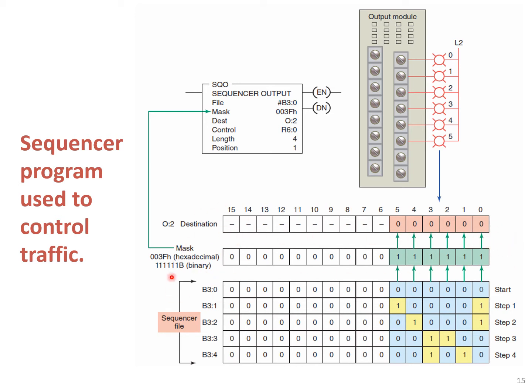Again, mask is basically an easy way to turn on and off some outputs without touching or changing the sequencer file. Once all of the bits are 1 on the mask, then everything goes through. So here for the start, 0 goes through, 0 goes through, everything goes through.